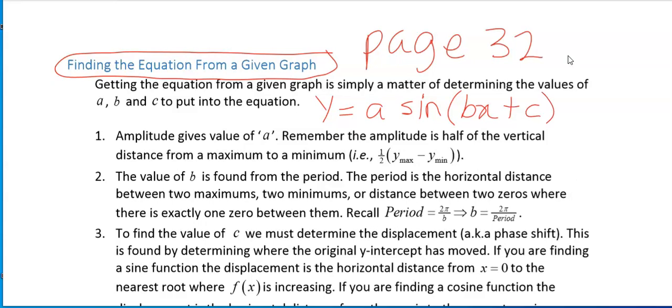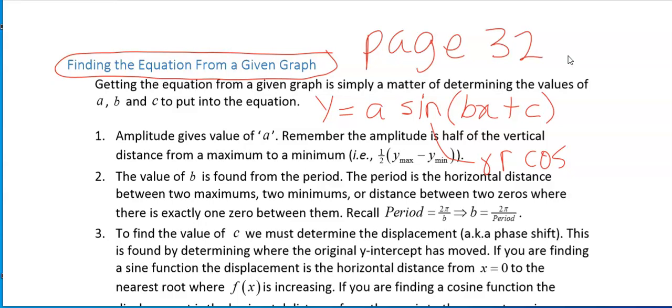So your equation should end up looking like y equals a times the sine of bx plus c, or that could also be cosine, remember? All right, so read the question carefully and see what it is they're asking you to do. So you look at the graph, you get your amplitude. That's the easy part.